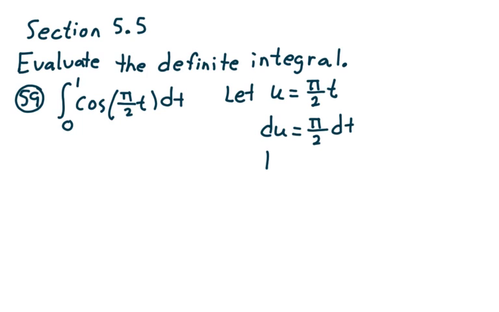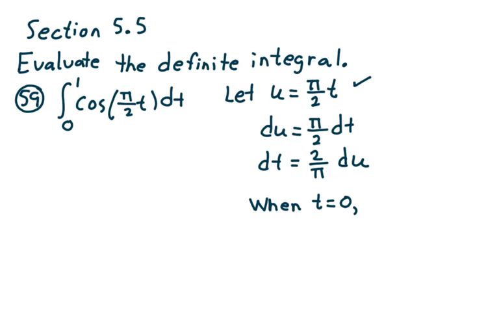So if I solve for dt, I'm going to multiply both sides by 2 over pi. So I end up getting 2 over pi du. Now, when t equals 0, I'm going to come back to this substitution up top, okay?